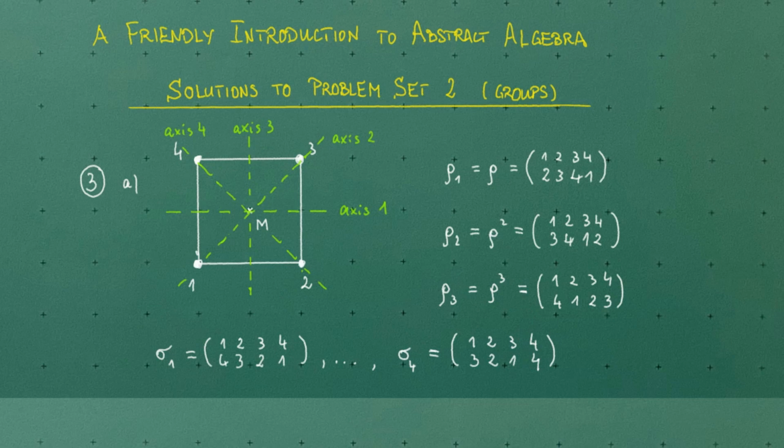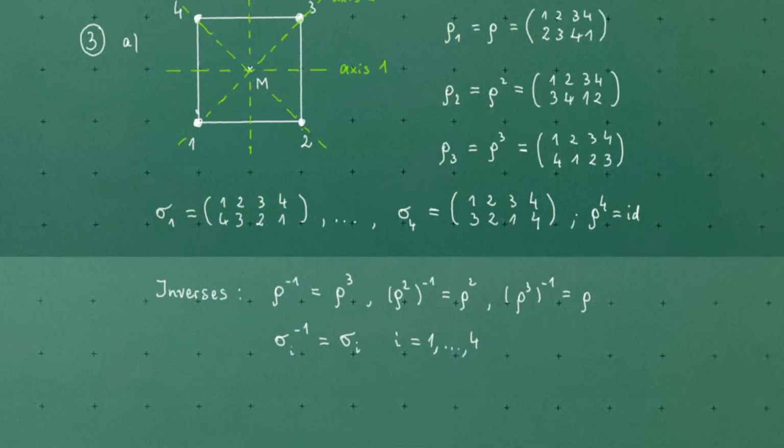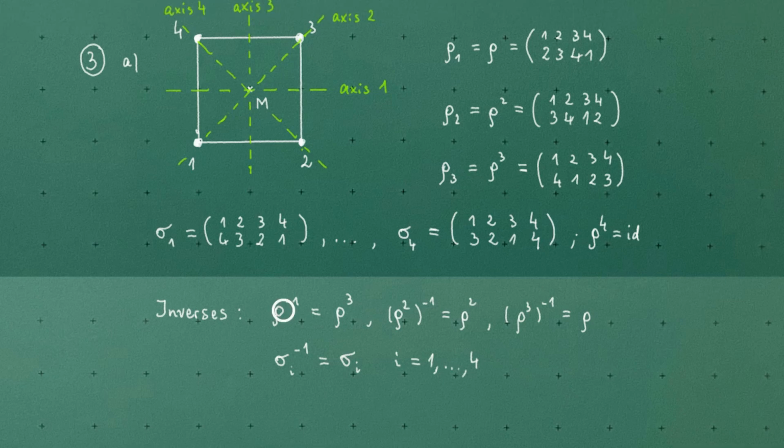Did we forget an element? Not really, because the fourth power of rho is simply the identity, and we always have the identity as a permutation. And the inverses are also pretty clear. The inverse of rotating by 90 degrees is rotating by 270 degrees, or applying rho 3 times.